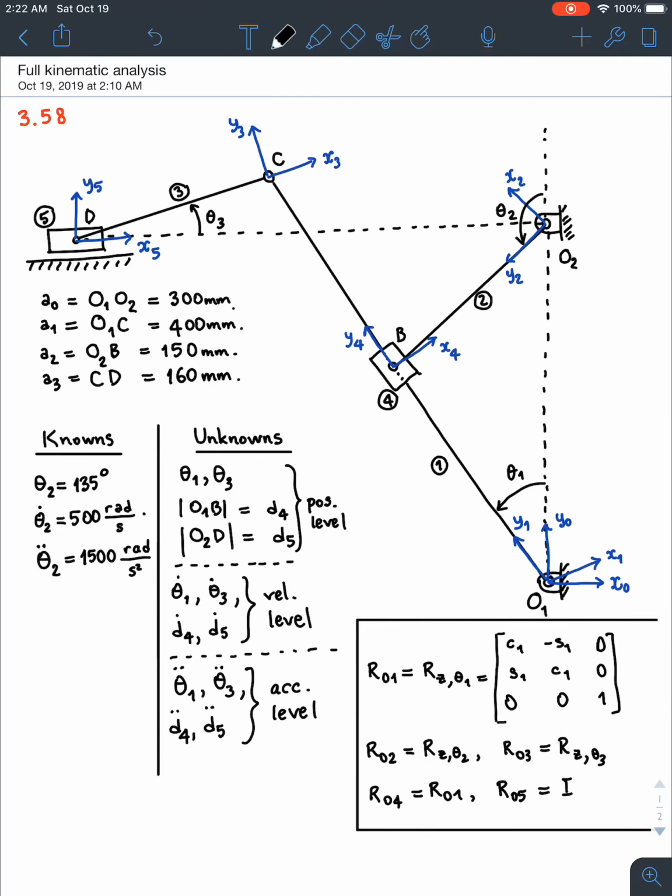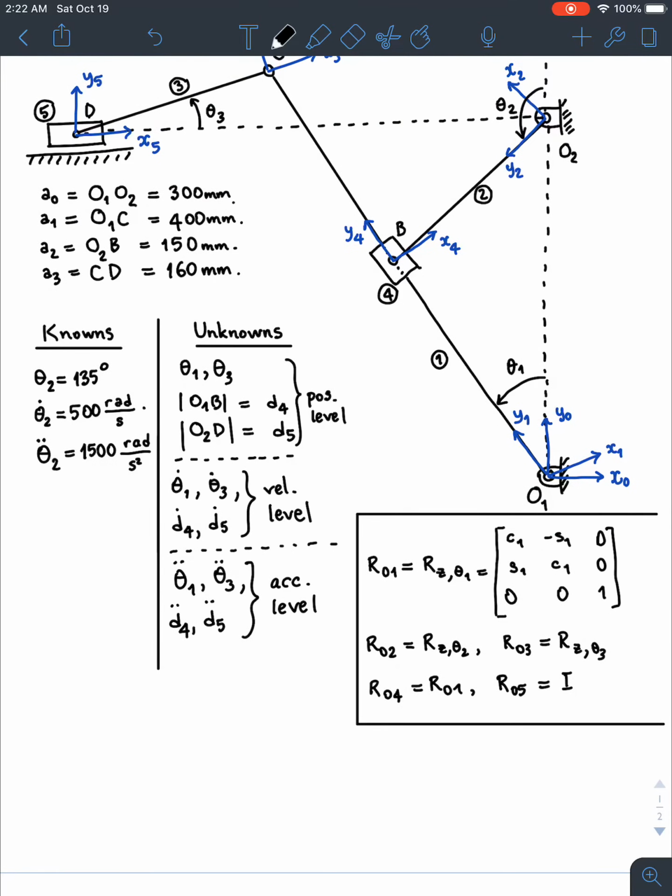And with these definitions of the angles, we came up with the rotation matrices between the various frames 1, 2, 3, 4, 5, and 0th frame. I have recorded them over here. If you check that out, the rotation matrix between 0 and 1 is given by a rotation about the z-axis. All of the frames' z-axes are the same.